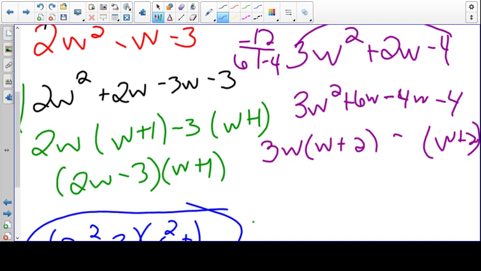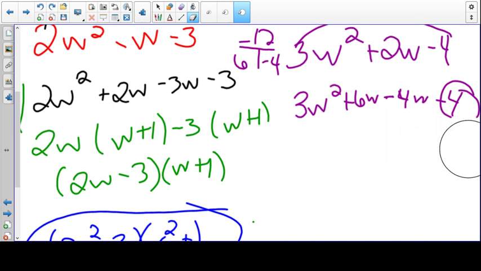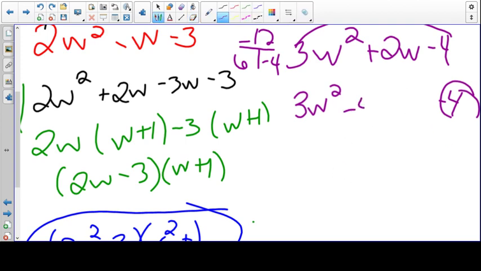But I see that I can't evenly divide this out. I can't take negative 4 divided by negative 4 here and get this 2 that I'm looking for. It's not possible. So that means what I need to do is switch my middle numbers. So I'm going to go back to the beginning. I'm going to flip-flop these. I'm going to have 3 minus 4w plus 6w.